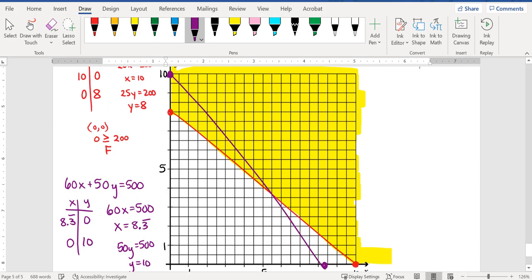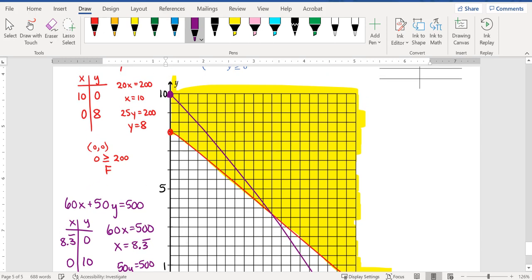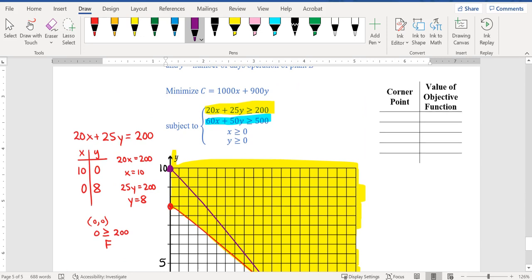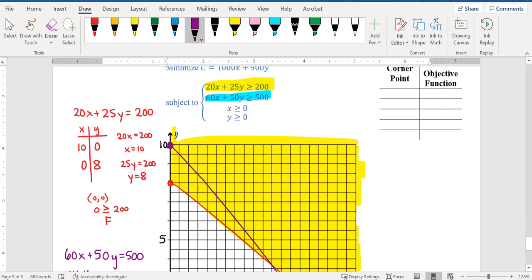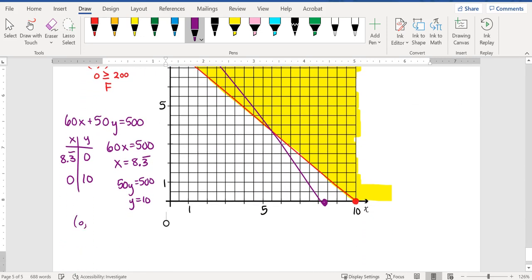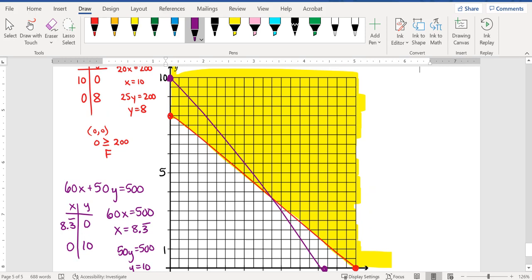My boundary line is here. Now, if I plugged in 0, 0, I would get 0 bigger than or equal to 500. That is false. So I would not want to shade 0, 0 when it came to that purple boundary line.